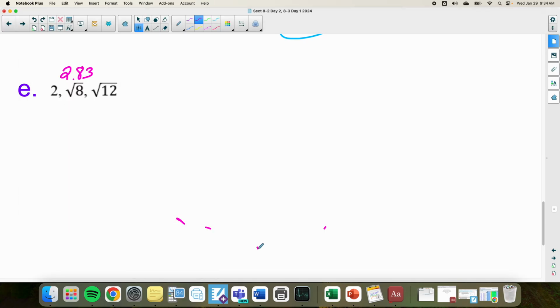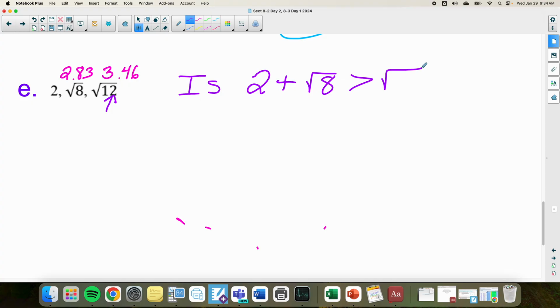3.46, okay. So once I do those approximations, what I can do is check. I know this is my biggest one, 2, 2.83, and 3.46, so I can check, is 2 plus square root of 8 greater than the square root of 12?